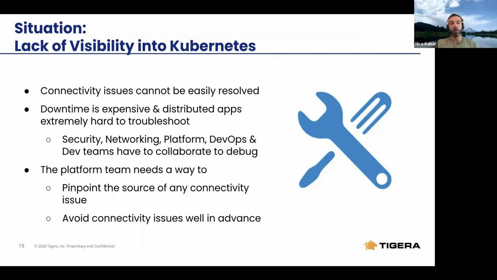So avoiding downtime, especially from networking-induced issues, is critical. The platform teams need a way to pinpoint the source of any network-related connectivity issues, try to resolve them, avoid them well in advance, and plan around those as well.